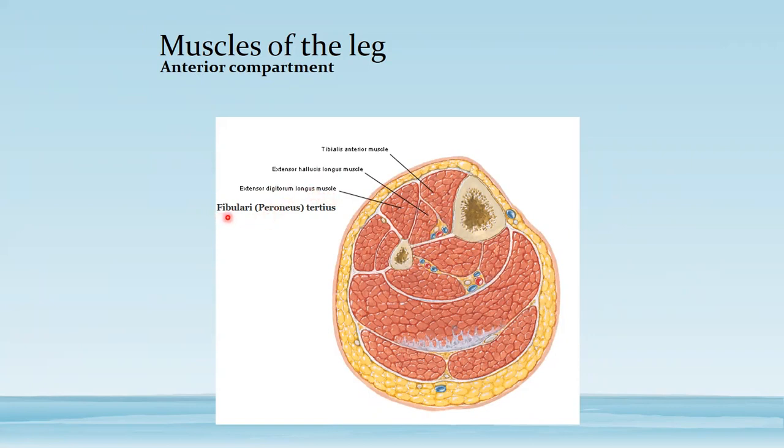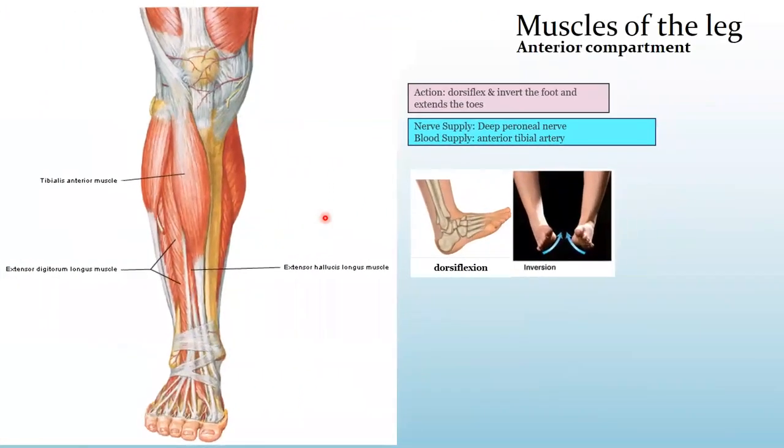Another one is the peroneus tertius, or fibularis tertius. The extensor hallucis longus goes to the big toe, and the extensor digitorum goes to the small toes.